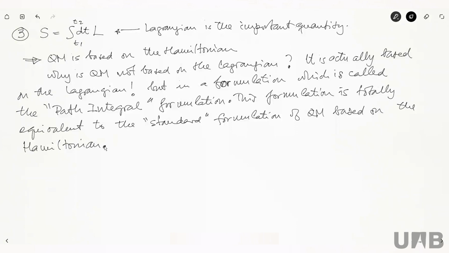And so he started to think, what would be the way to reformulate quantum mechanics in a totally equivalent way in terms of the Lagrangian? Okay, and then that's the way he got to the point of this path integral formulation. Now, I cannot explain this thing.